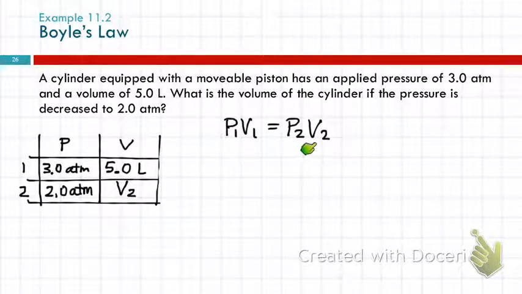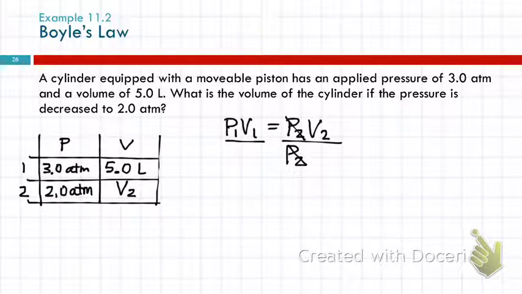So we want V2 by itself. We need P2 to go away. We need it to go to the other side of the equal sign. So what I'm going to do is divide this side by P2. Because P2 divided by P2 is 1, and 1 doesn't matter. So I can make it go away. But in order for this to remain an equality, I have to do the same thing to both sides.